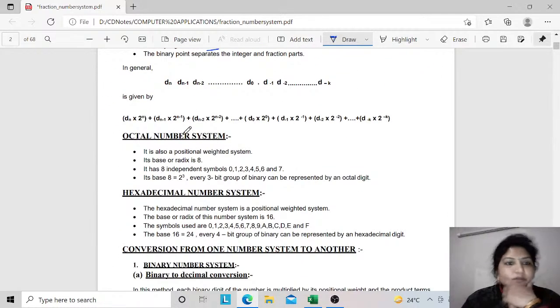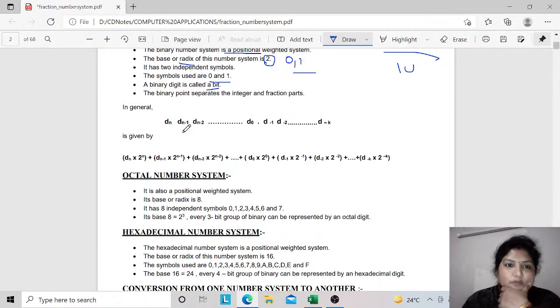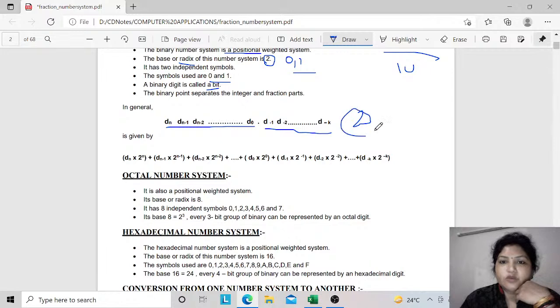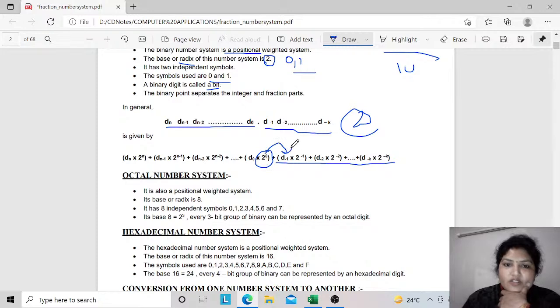So let's see a decimal point number as a binary number as well. Here we have the fraction part, and this is our integer part. The same method will be followed, but here we will be using 2 as the base. It starts from here, and always remember 0 is not included in the fraction part.